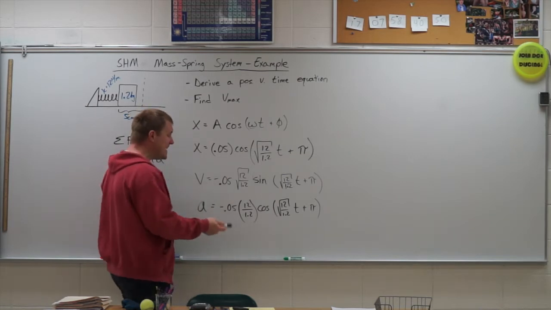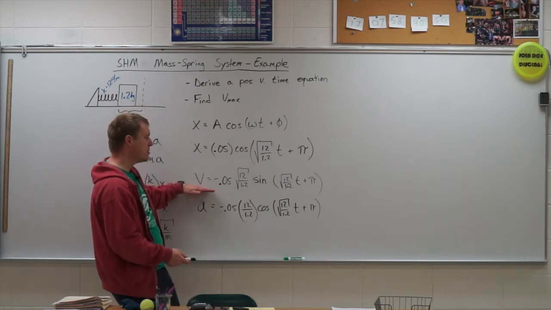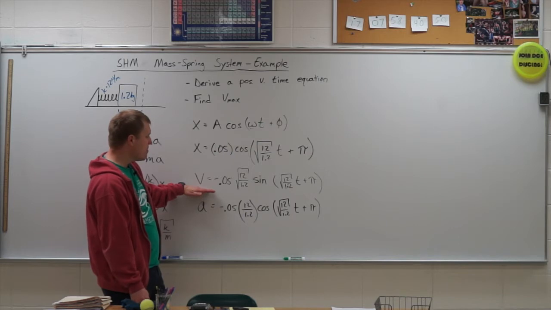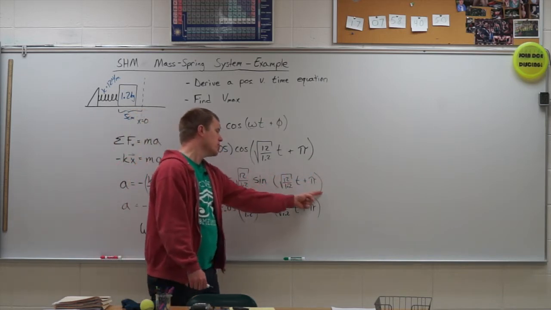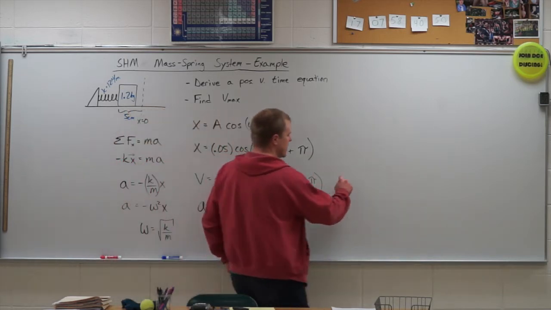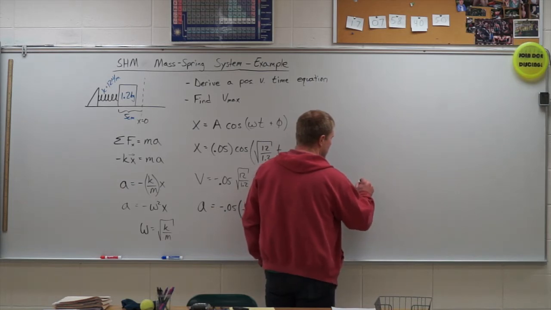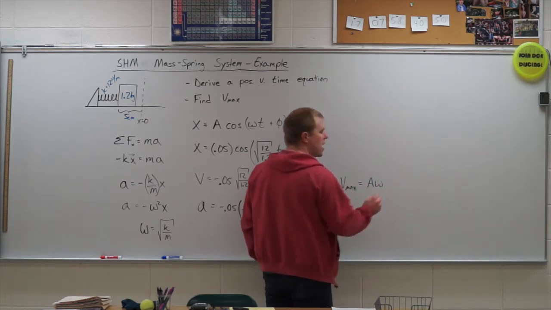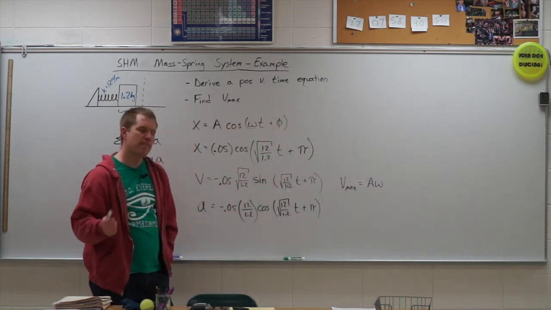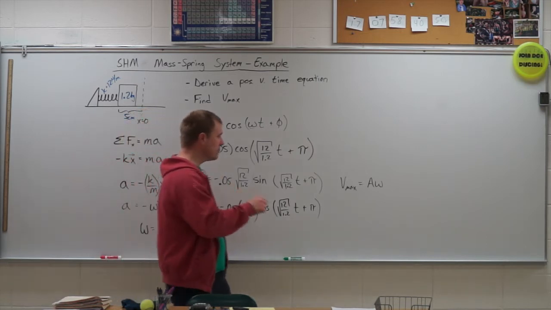And so the idea is that the maximum velocity is when the sine function is 1. So what I can say then is v max is just equal to the amplitude times omega. That'll be the maximum speed.